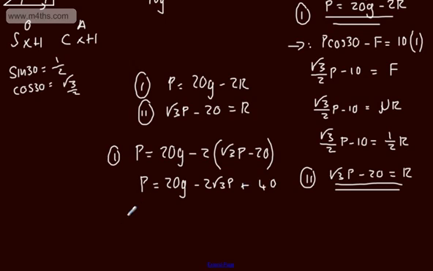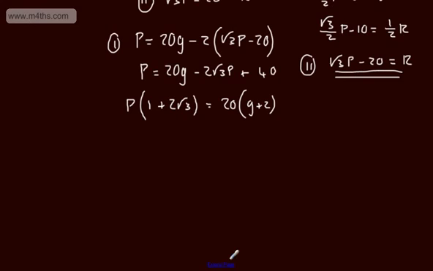So just taking this over, factoring it, we got p, then we're going to have 1 plus 2√3 will be equal to 20. And we could factor it. So I've got 20g plus 40, so you could say 20 and then g plus 2. So from here, we could simply go ahead and divide. So we could say p is going to be 20 times g plus 2 over now 1 plus 2√3.